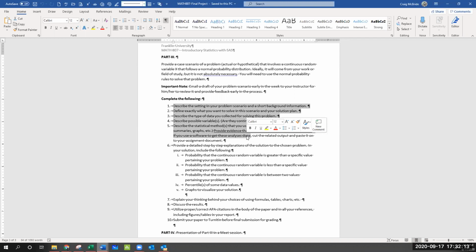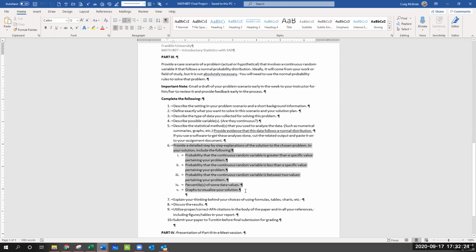You're not actually doing anything. You're not actually collecting data. And even as far as number 6 is concerned, where you're calculating probabilities, you're creating the scenario for those probabilities.